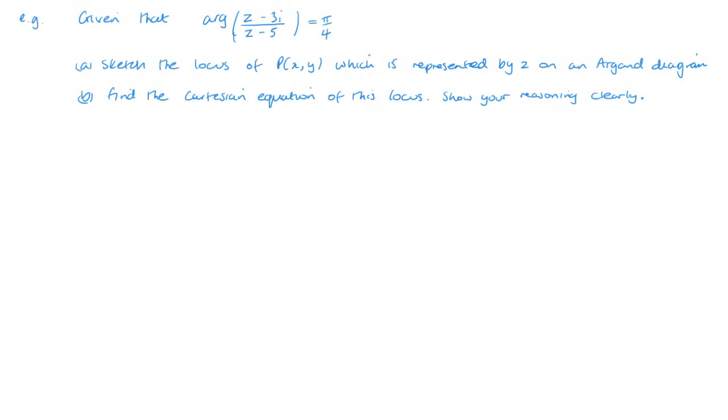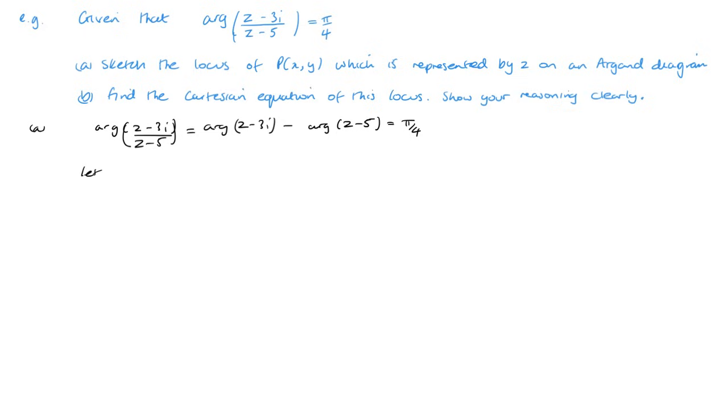Now, before we jump into the sketch, let's have a look at a few things. arg((z - 3i)/(z - 5)) is going to be the same as arg(z - 3i) minus arg(z - 5), and of course that equals pi by 4.